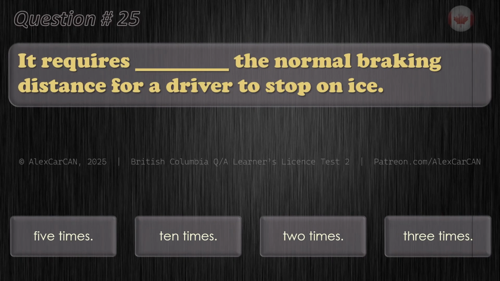Question number 25. It requires the normal braking distance for a driver to stop on ice 5 times, 10 times, 2 times, 3 times. The correct answer is 10 times.